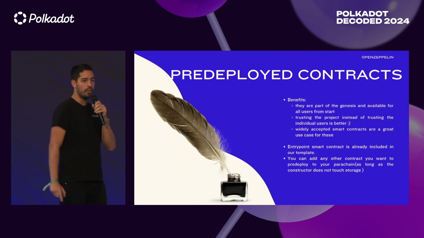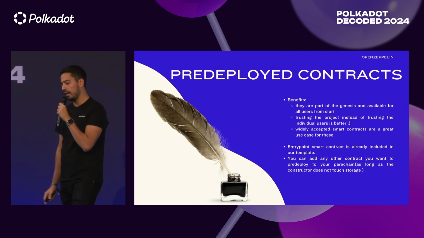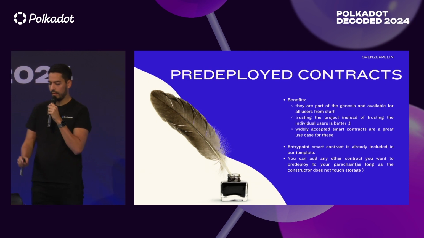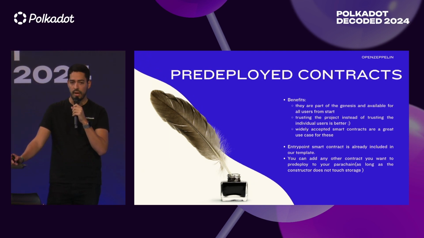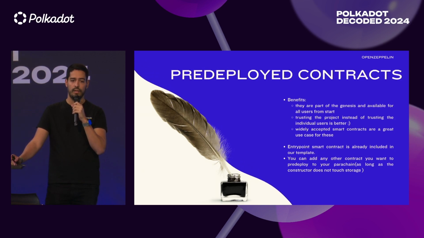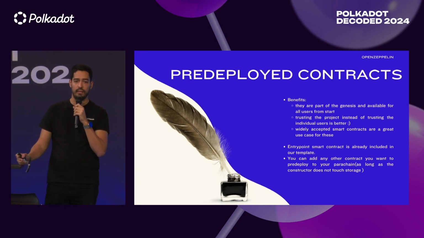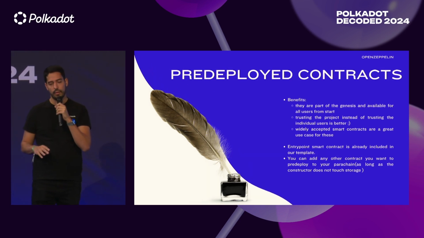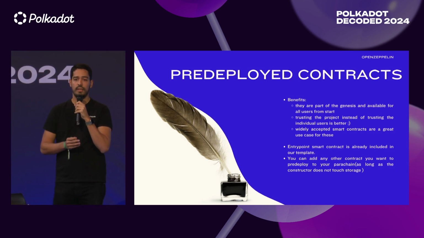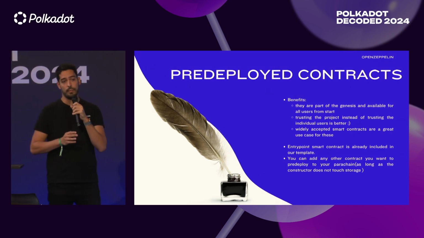Then on the pre-deployed contracts: we think that account abstraction is an amazing construct for Web3 developers to be able to provide a better developer experience for their users. We're looking into ways to provide this even more natively as part of our template. But for now, we have the entry point contract pre-deployed.